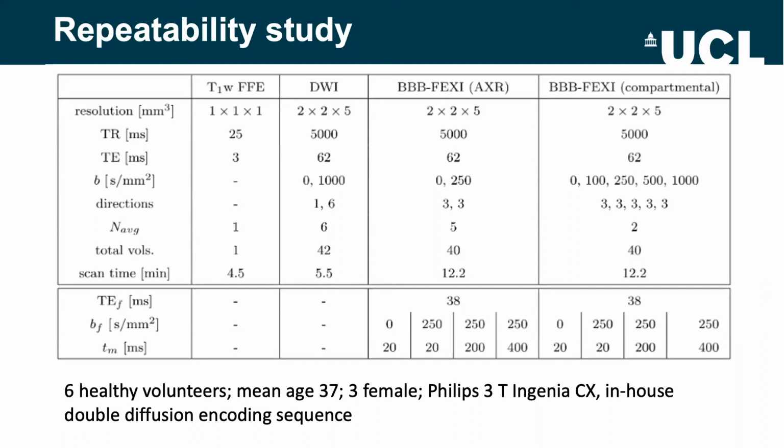As you can see, the compartmental modeling requires some additional B values relative to what we need for FEXI, which are actually encoded at the bottom here. And you can see the mixing times that we've used throughout the experiment as well. So this is a relatively small data set, just 6 healthy volunteers who we scanned twice on a 3T system.